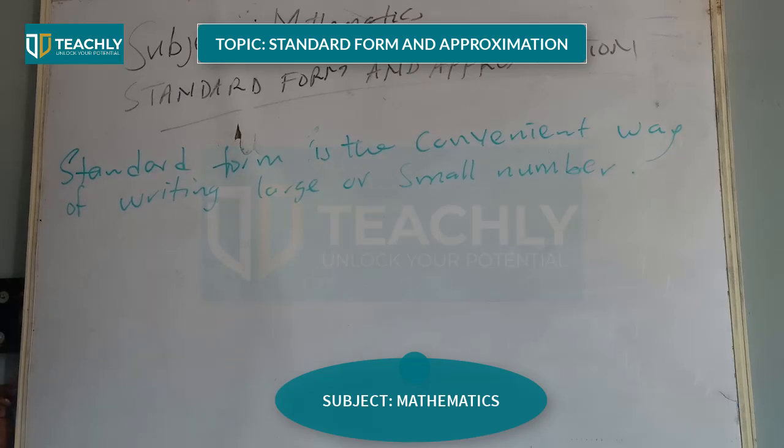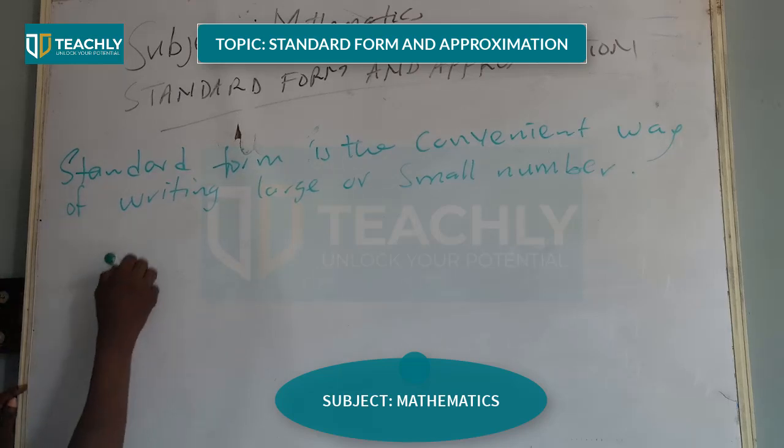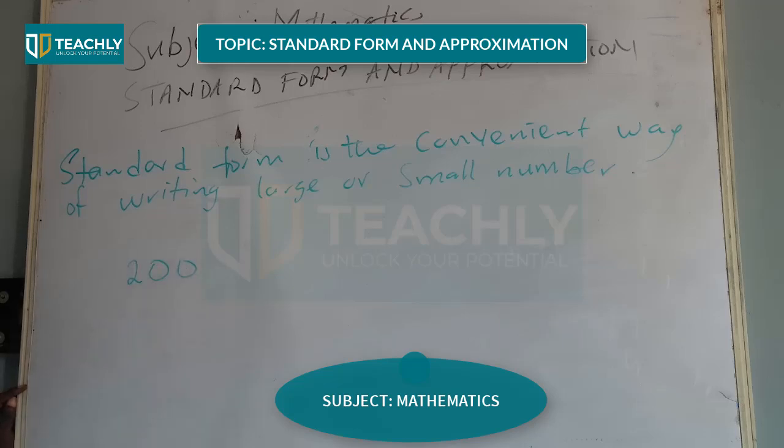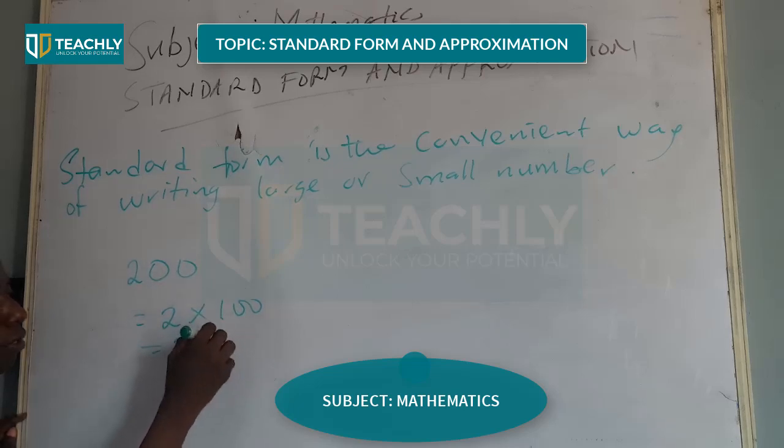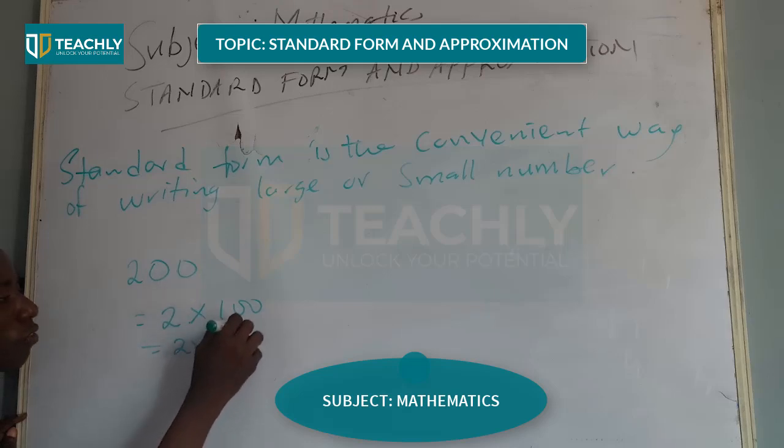Let's say, for example, you have 200. There is a convenient way of expressing 200: it is 2 times 100, and 100 is written as 10 squared.